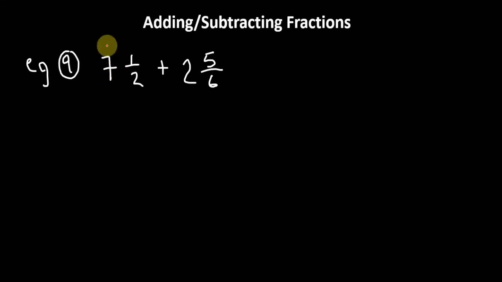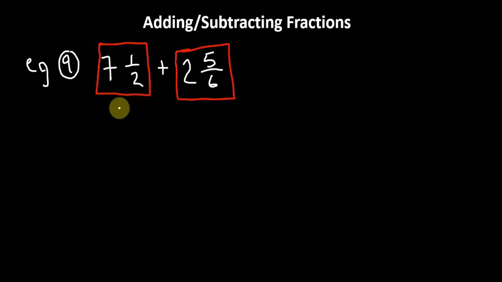So we're going to convert this 7/5 to an improper fraction, and we'll do the same thing for this 2 and 5/6. When we convert 7/5 to an improper fraction, we'll end up with 15/2. We bring down this addition sign here. When we convert 2 and 5/6 to an improper fraction, we'll end up with 17/6.